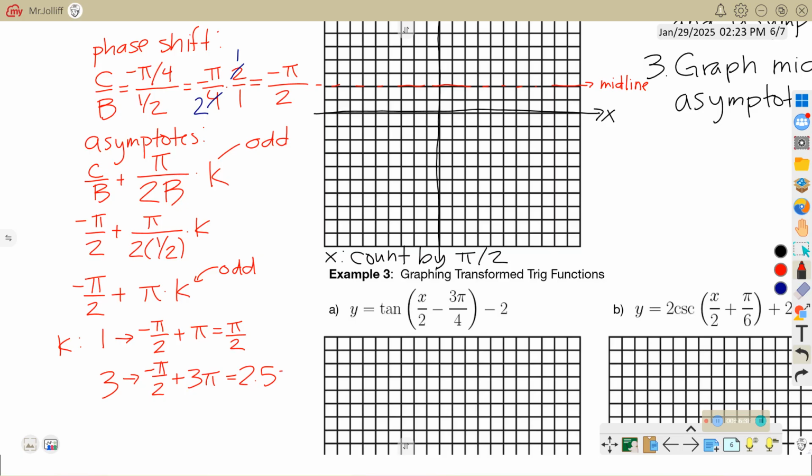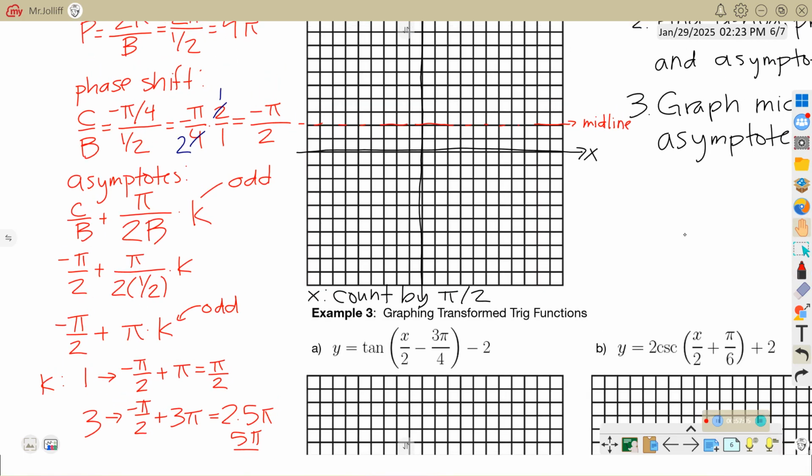We can just write 2.5 pi. That's totally fine. Yeah, 2.5 pi. Perfect. If you want that in fraction notation, by the way, that is 5 pi over 2. Because half of 5 is 2.5. Yeah. Let's slap those up there. Pi over 2, 5 pi over 2, yeah?